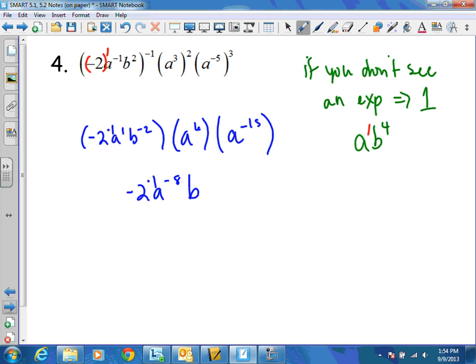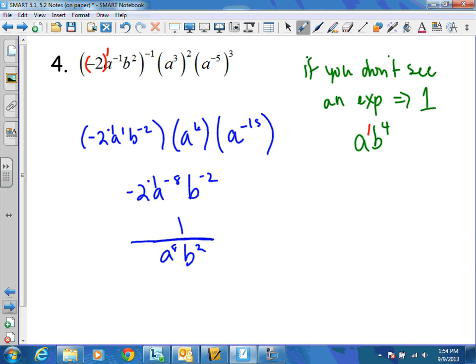Because negative 2 has an exponent of 1. So now if you have a negative exponent, where does it go? The bottom. No, because this, to draw a division line. I know this goes to the bottom. And where does negative 2 go if it has an exponent that's negative? Oh, the bottom.